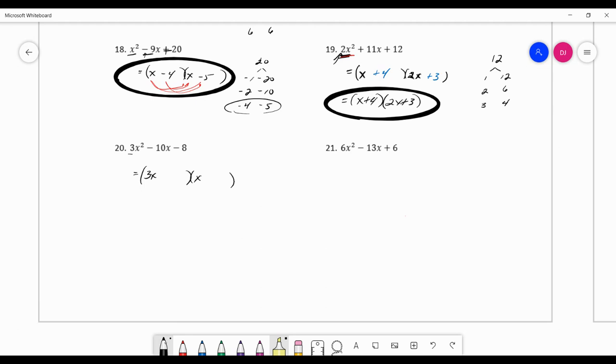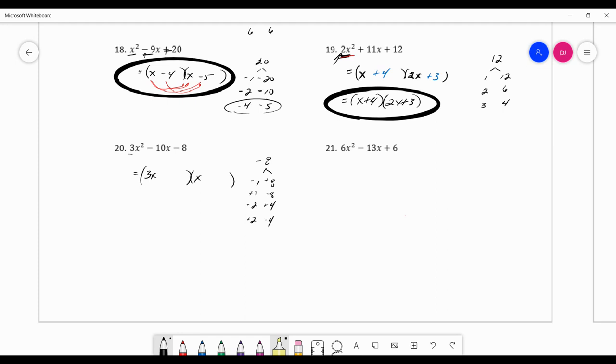Taking my constant, the negative 8, what are the factors of negative 8 that add up to negative 10? Well, my factors of 8 are 1 and 8, 2 and 4. But what I might want to consider is that it's either a negative 1 and a positive 8 or a positive 1 and a negative 8, negative 2 and a positive 4, positive 2 and a negative 4.